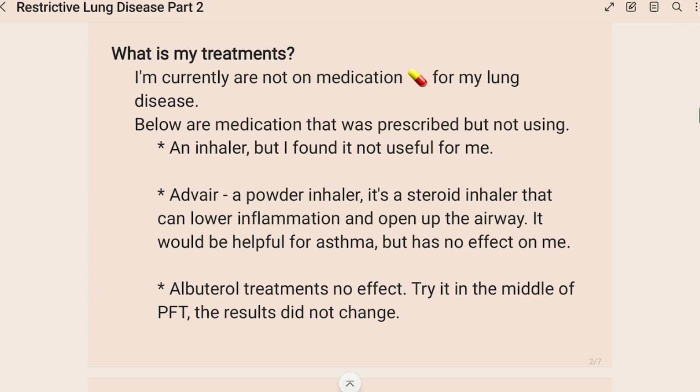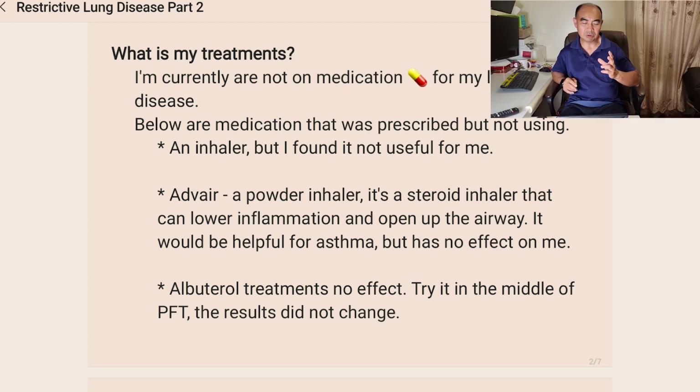So far, even up till this point, I am actually not on any treatment. To be honest, doctors have given me many different things before. Prednisone, which is not just for the lung but for the ankylosing spondylitis inflammation as well.